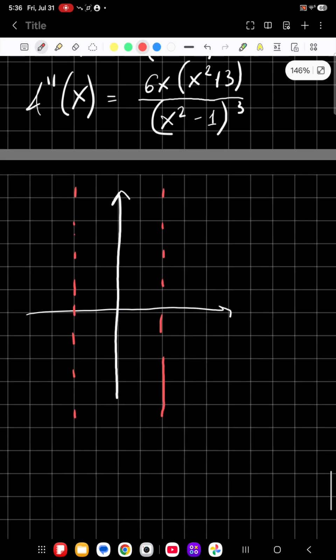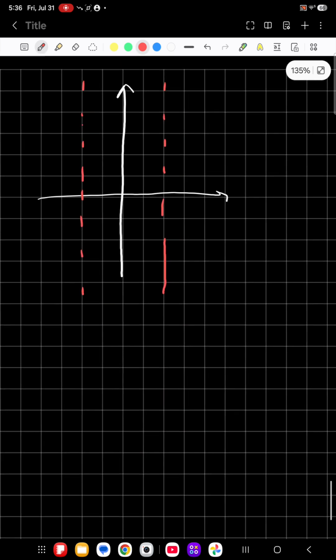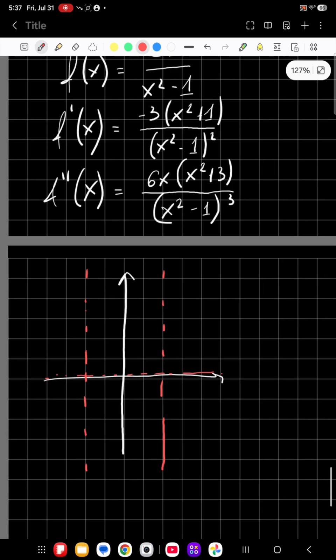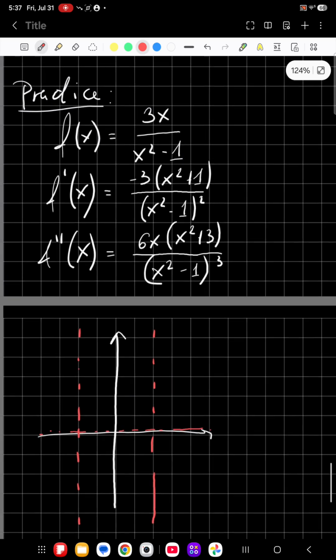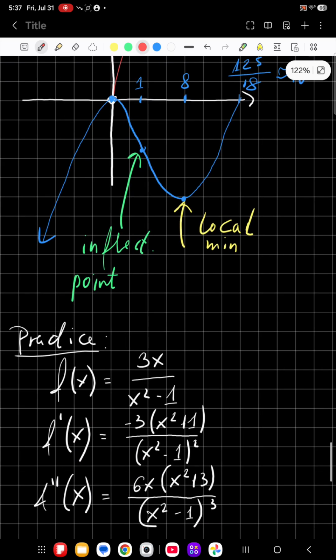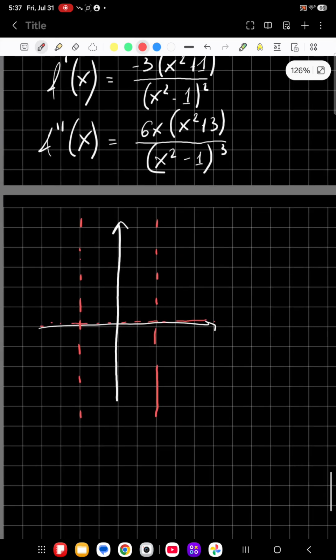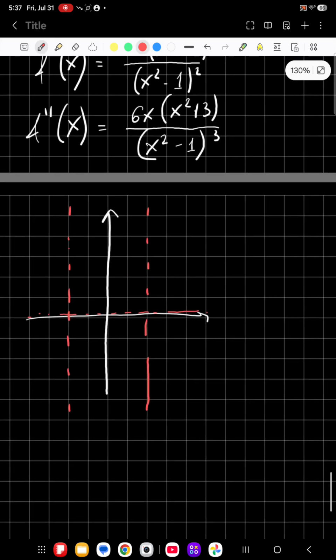Yeah, there is a horizontal asymptote. It's this one. If you don't know how we get that horizontal asymptote, or oblique asymptotes, that's something you need to review. But basically the degree of the top is less than the degree of the bottom, so the horizontal asymptote is y equals 0.